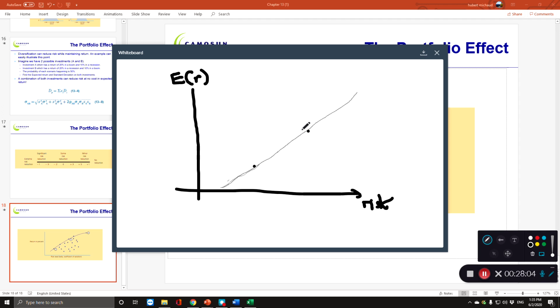Goodness, it's so hard not using a board. That would be basically all the possible portfolios if the correlation was +1. I could get a portfolio right in the middle here between this point and this point. I could get a portfolio here. Take a second and try to think, what is that portfolio?